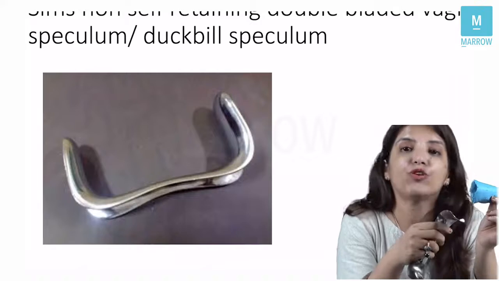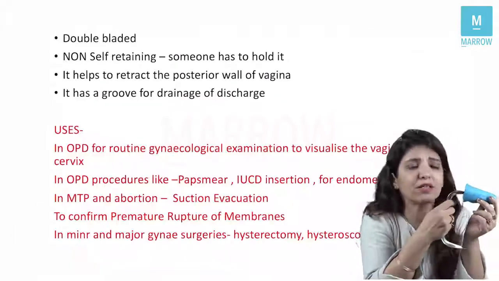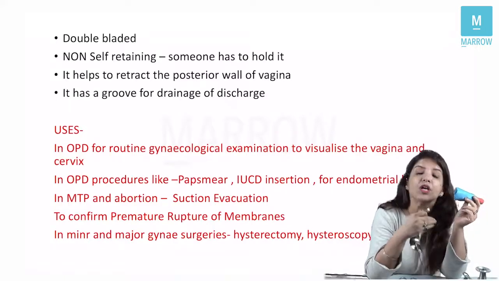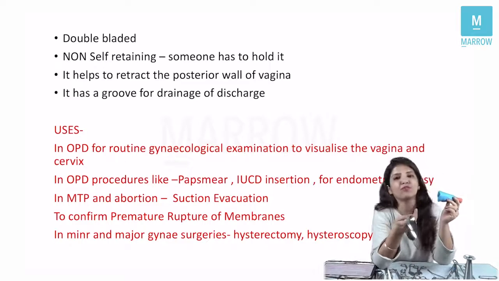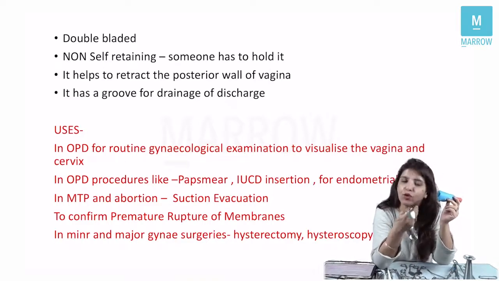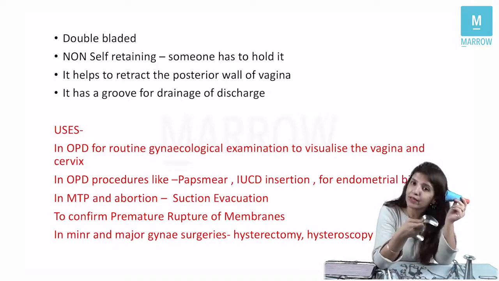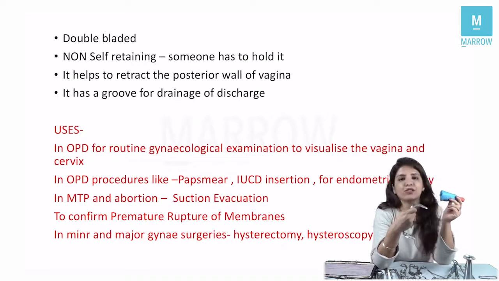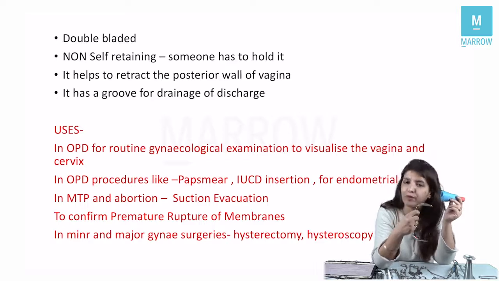Number two, if you are doing some minor procedures, like if you want to insert an IUCD, or remove an IUCD for that matter, or collect a pap smear, or do an endometrial biopsy, in all these cases, you will need a Sims speculum. For minor gynae surgeries, vaginal surgeries, and for major gynae vaginal surgeries, again, you will need a Sims speculum.